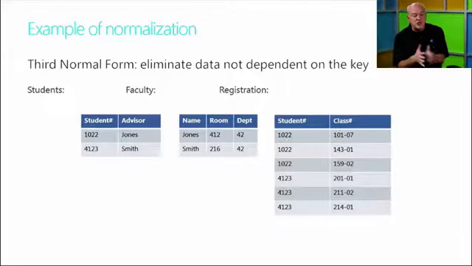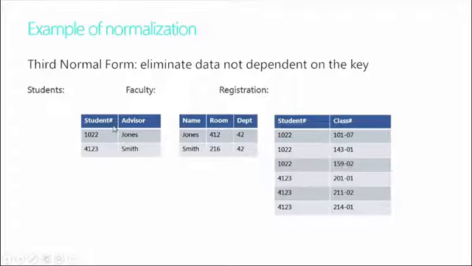Now we go to our registrations table and we have student number 1022. That's going to be attending class 101-07. 1022 will also be attending 143-01, and as you can see, it rolls down that way. So we've applied the third normal form by looking at these, because now we have our student number as one table, and it's mapping to the faculty table using this advisor name, and it's also mapping to a student table using the student name.